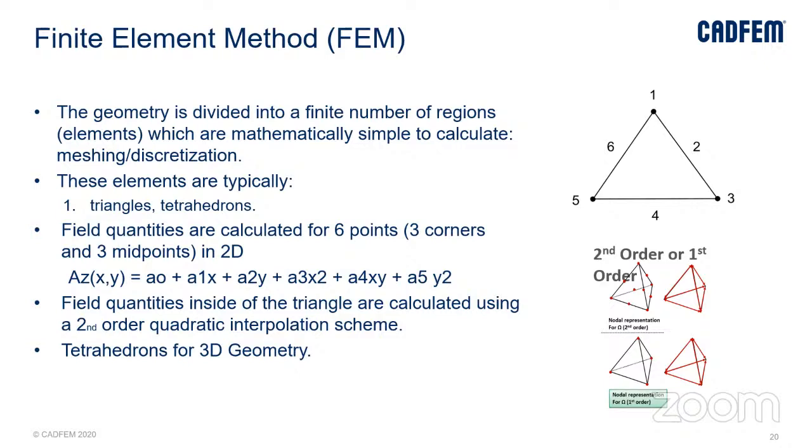Whereas in 3D, the same triangle is not used, but tetrahedrons, and a similar computation happens at each leg and at the corners, in the middle, and the center part is also considered with the polynomial equations.